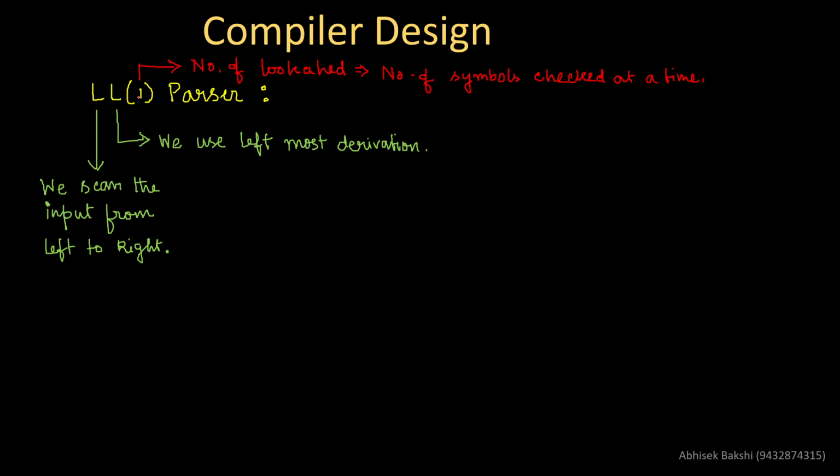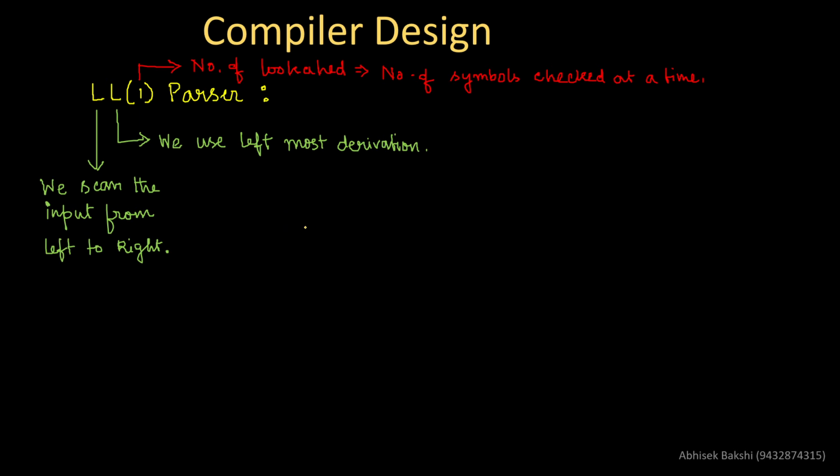Now before we dive into how the LL1 parsing algorithm works, we have to go through a very basic idea of the components of the LL1 parser. Always remember that the LL1 parser uses a stack to store which symbols have been checked or observed. So it uses memory, in the form of a stack.